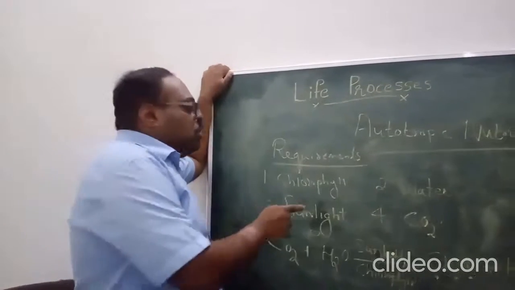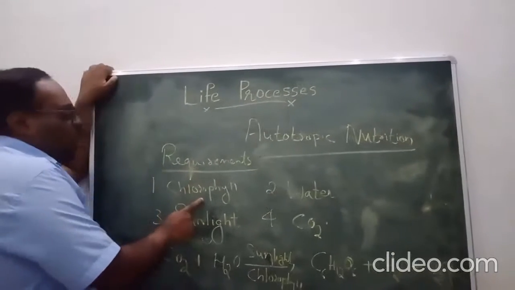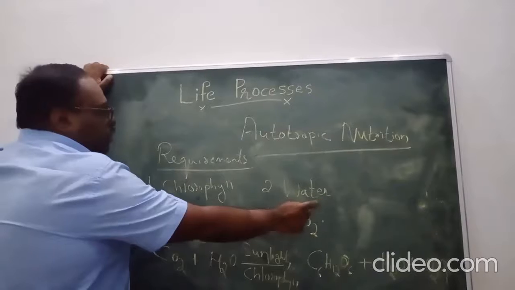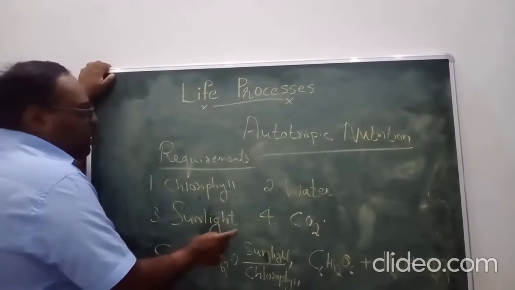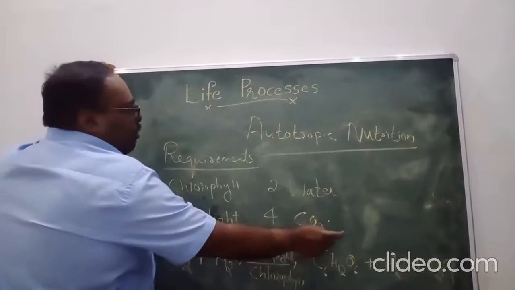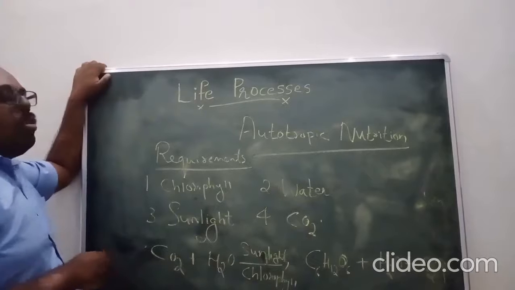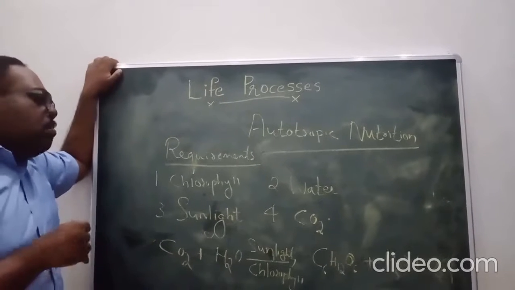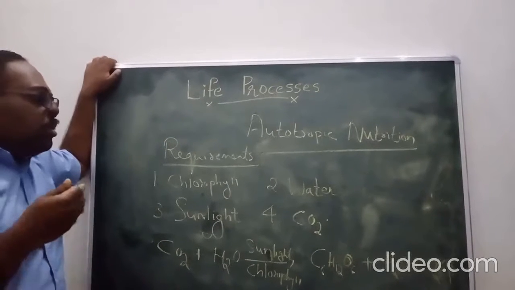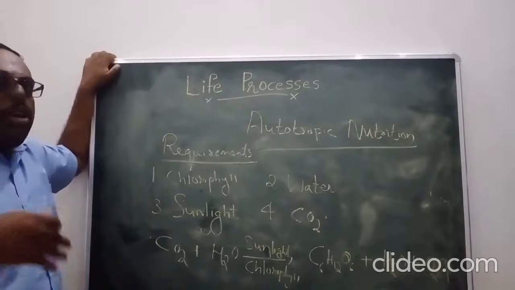The requirements are: one, chlorophyll; second, water; third, sunlight; fourth, carbon dioxide. These are the main components required for producing the food that is required for the world.